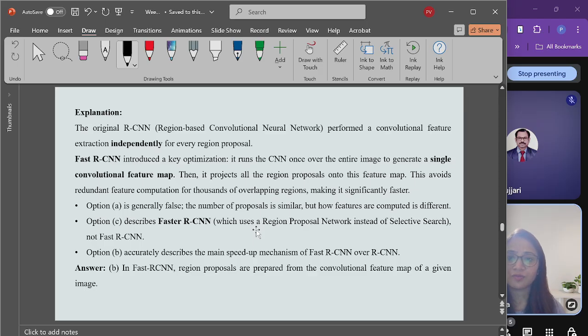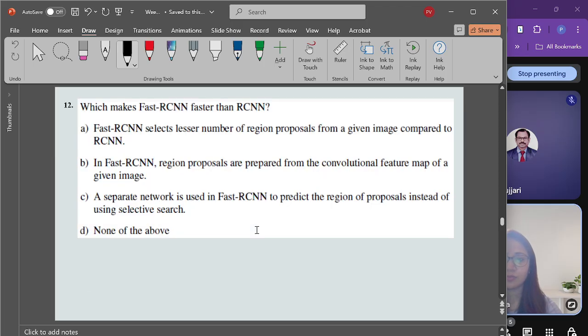And option C describes Faster RCNN, which uses the region proposal network instead of selective search; that is not in Fast RCNN. And option B accurately describes the main speed mechanism of Fast RCNN over RCNN. So in Fast RCNN, region proposals are prepared from the convolution feature map of a given image.